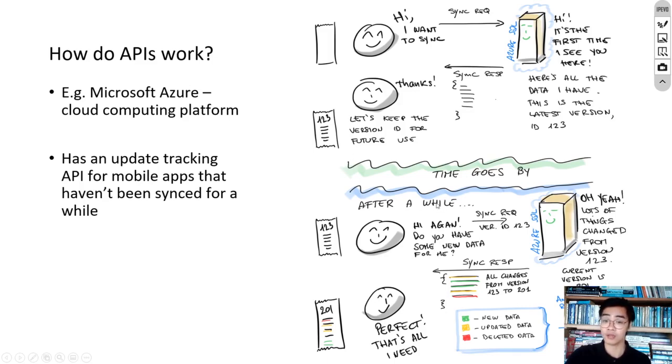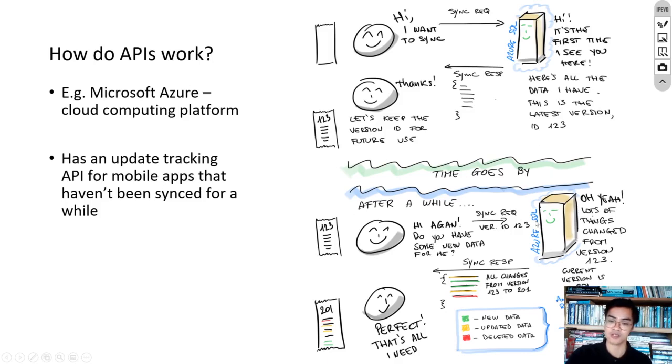So after a while, when the mobile app is offline and then it finally goes online again, it accesses the update tracking API again, and it already has this version control.